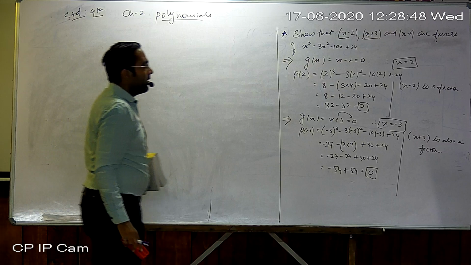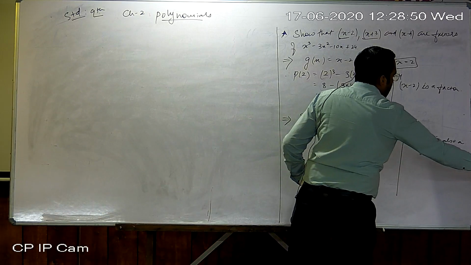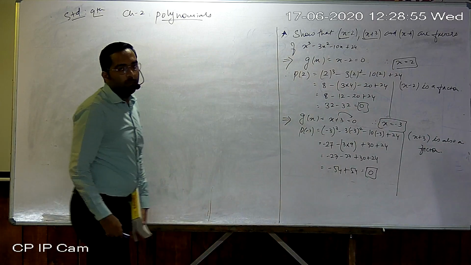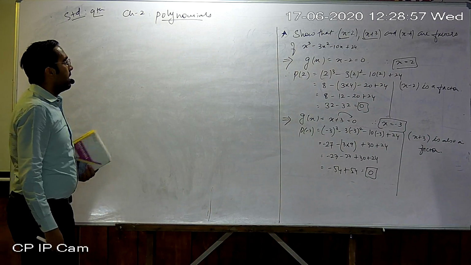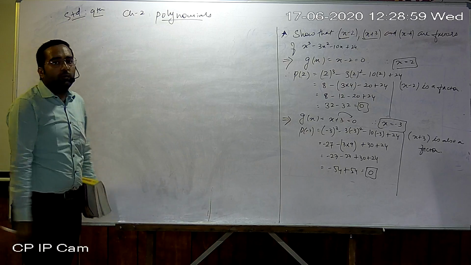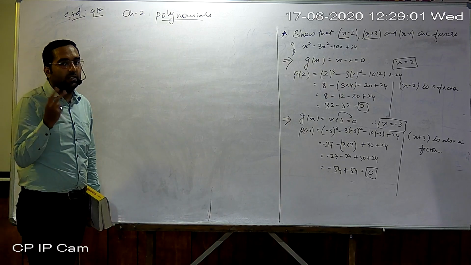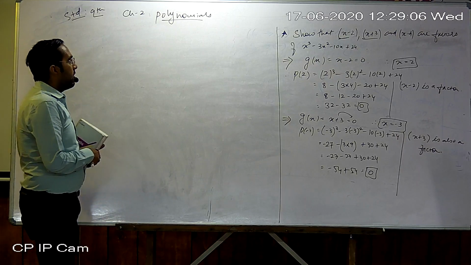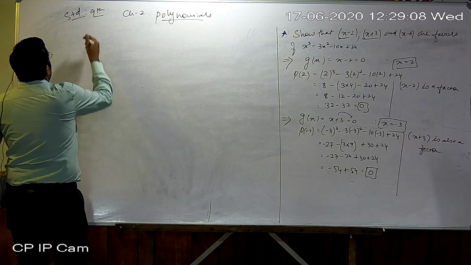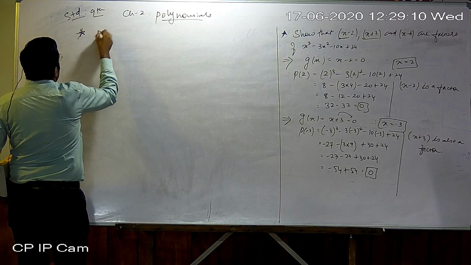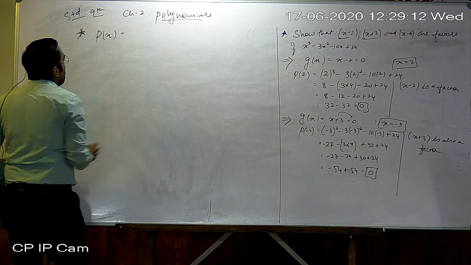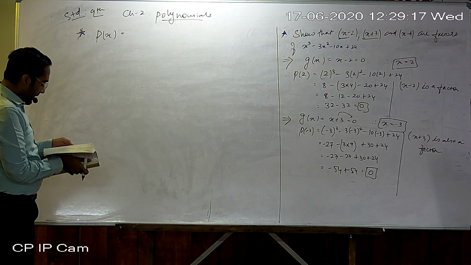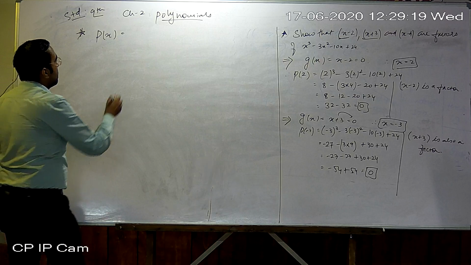Till now we have been learning about cases where two polynomials are given, p of x and g of x, and we check whether g of x is a factor or not. Now here only p of x is given, and we are told to factorize it using the factor theorem.